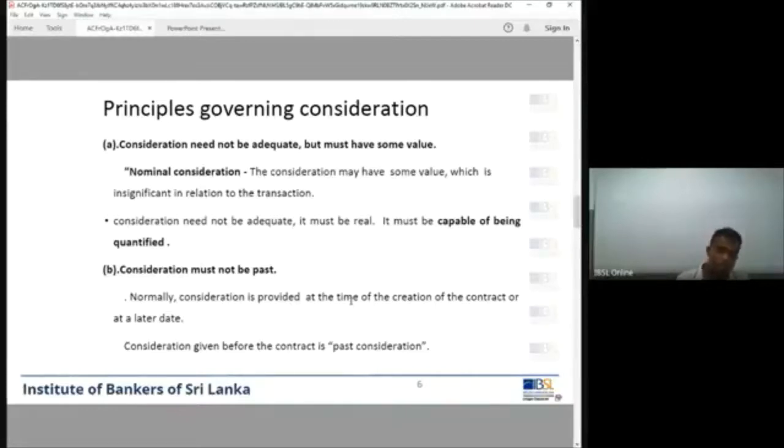But there can be instances where you have paid the value to the seller previously.